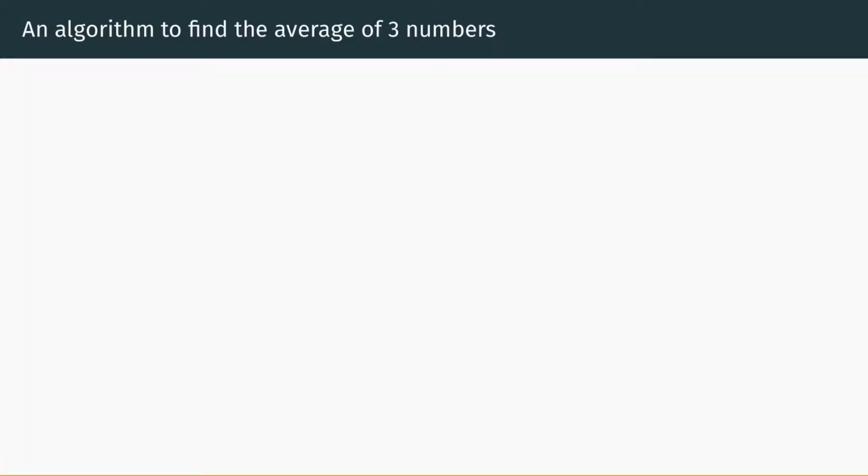Now what I want you to do is think of an algorithm that finds the average of three numbers. So we have to come up with an algorithm that takes the average of three numbers. As usual, any algorithm would have an input, a processing stage, and an output. So first question, what are the inputs to this algorithm?